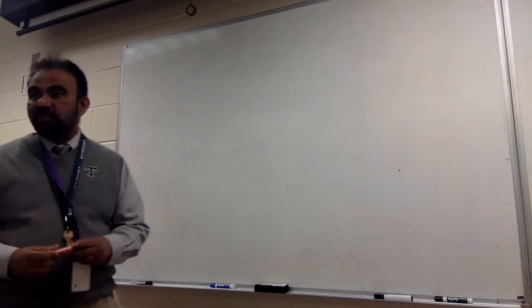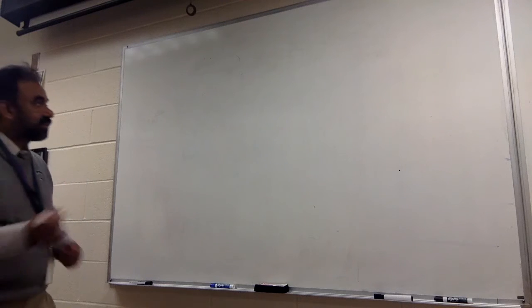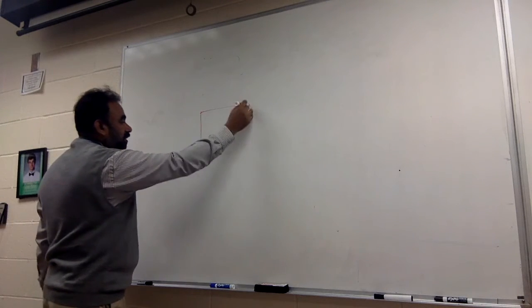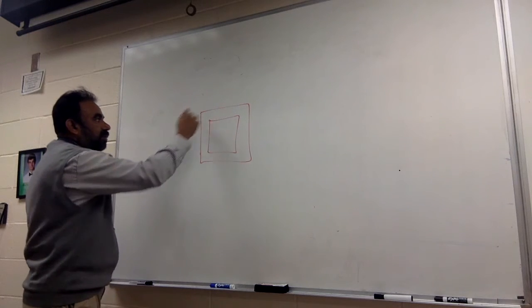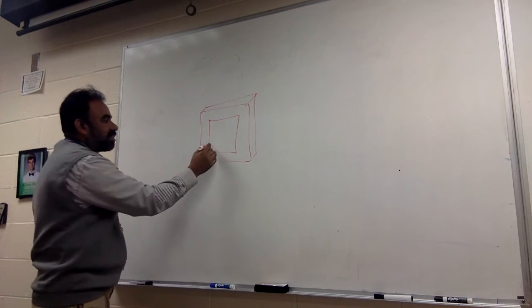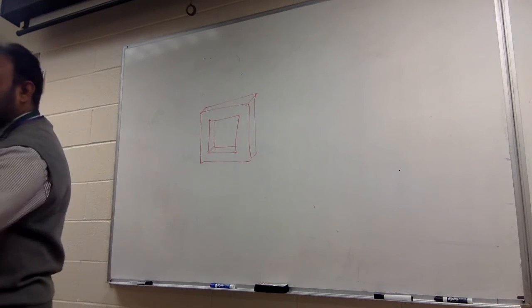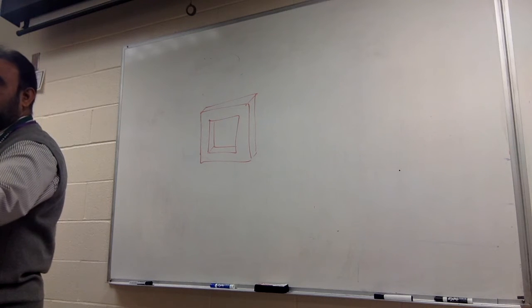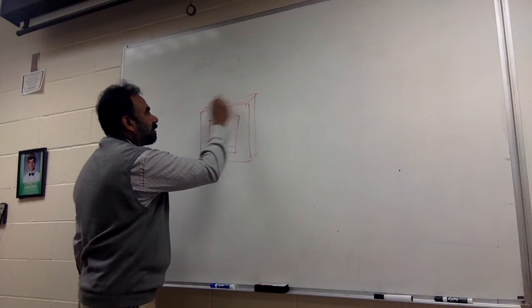And what is needed for a transformer is a core. You need a core like this. And the core is laminated. You saw that, right? This is the core. The core is laminated, so it is split into sheets like that.